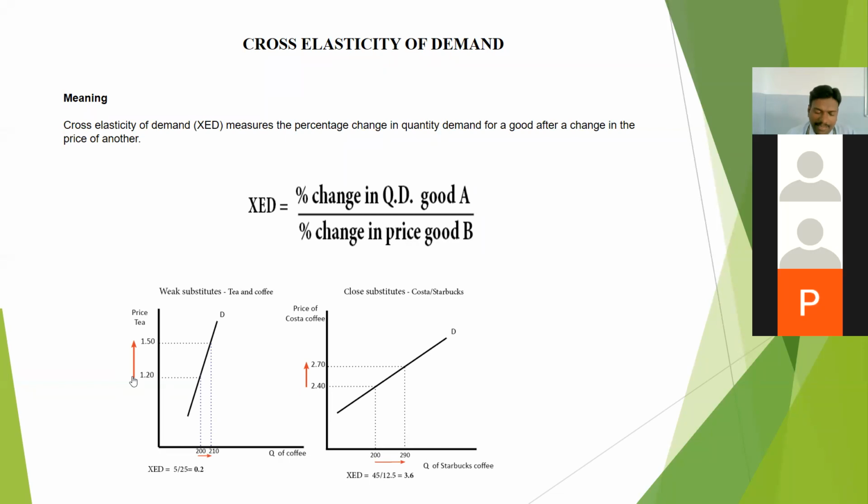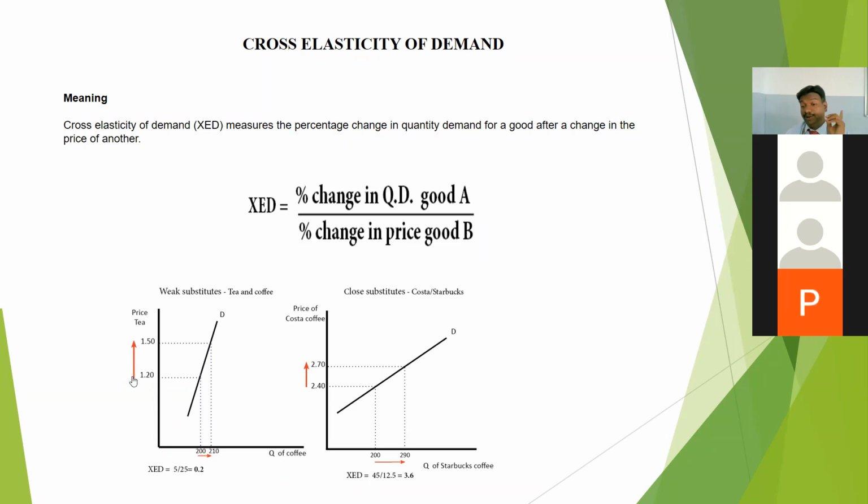Suppose in the case of substitute commodities, if the price of both commodities is increased simultaneously, it will result in the decline of both. Quantity demanded will decline in both the commodities.